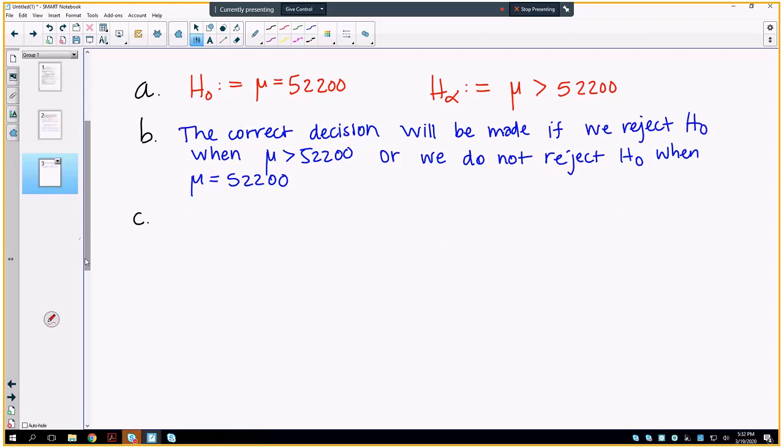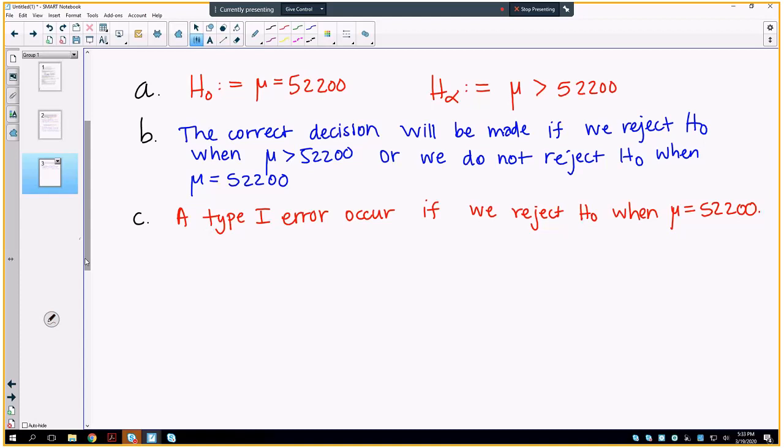Now we want to think about our two types of error. So a type 1 error will occur. And we remember that a type 1 error means that we've rejected our null hypothesis, but it was true. So we made a mistake. A type 1 error will occur when we reject H0 when the mean actually is 52,200.